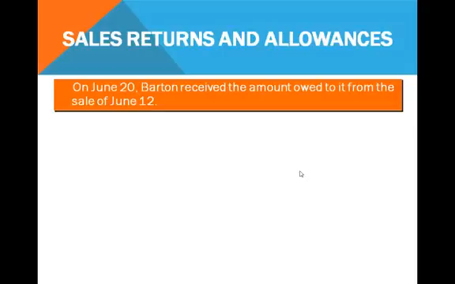On June 20th, Bart & Company received a check in full payment of the account. This entry includes a debit to cash of $6,566, which is the amount due of $6,700 less the 2% discount of $134.